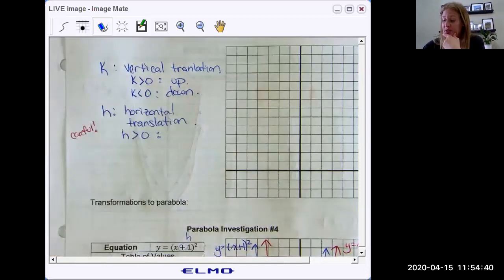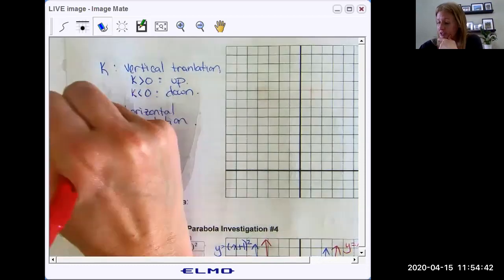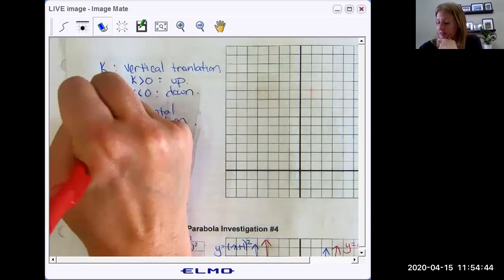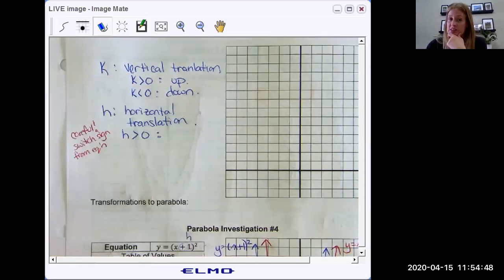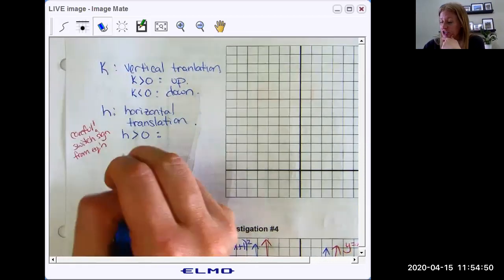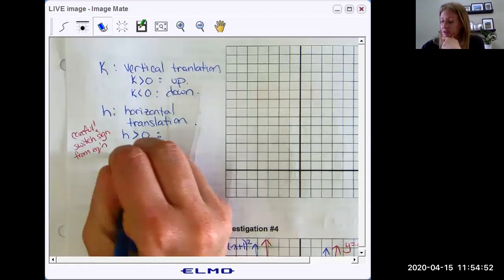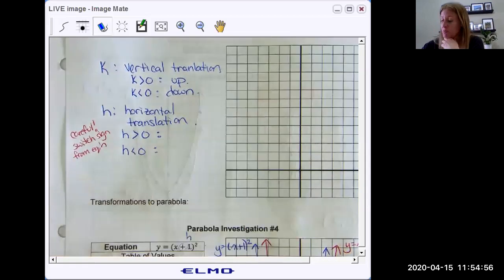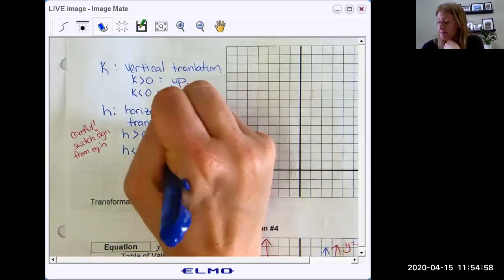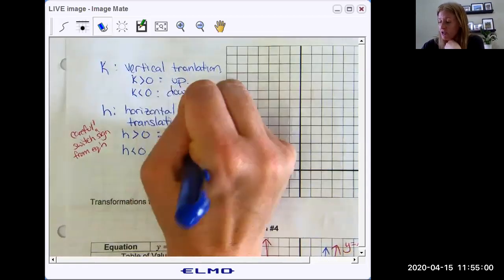Yeah, it's going to go to the right. We need to be careful. We need to switch the sign from the equation. So if it's positive in the equation, it means H is actually negative. So when you look at the vertex, if H is positive, you shift to the right. If H is negative, you shift to the left.